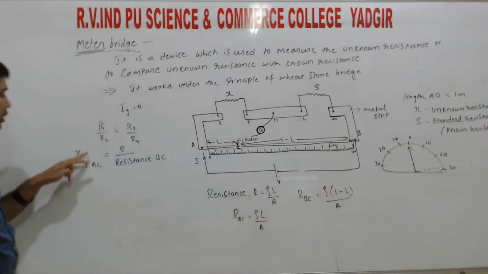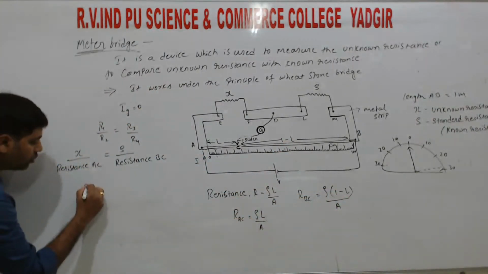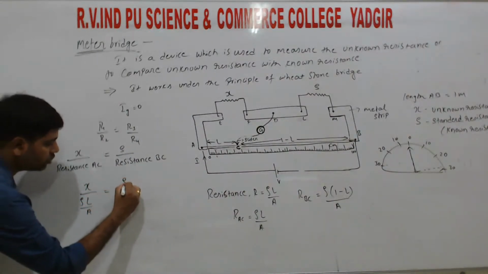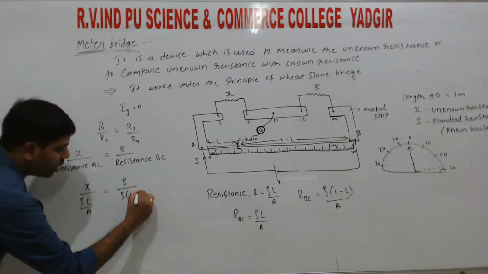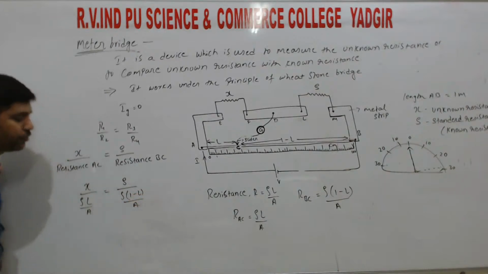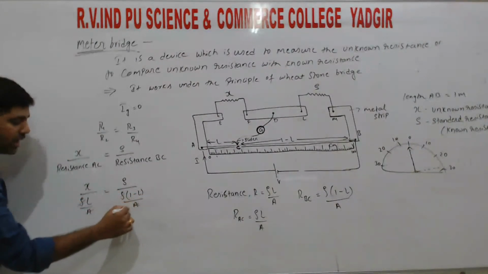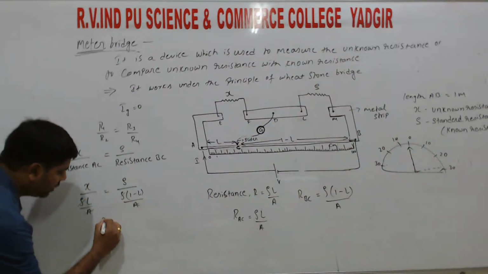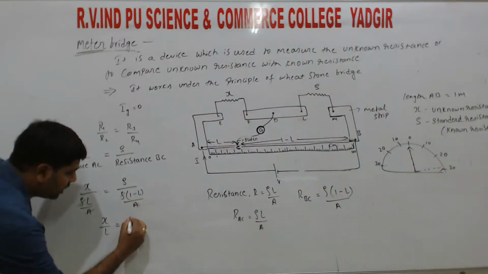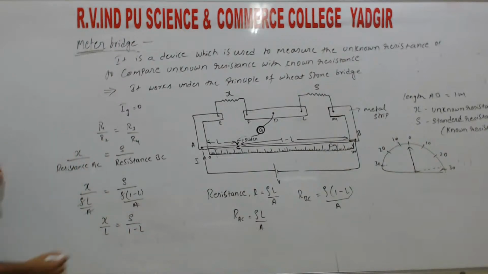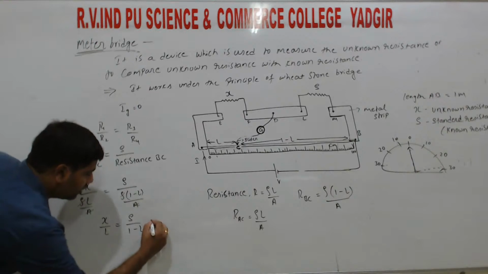Now substitute in this relation, right? So X divided by rho L by A equals S divided by rho into 1 minus L by A, right? So in the LHS, rho by A get cancelled, so we get X by L equals S divided by 1 minus L. So here X is the unknown resistance which we are going to find, right?